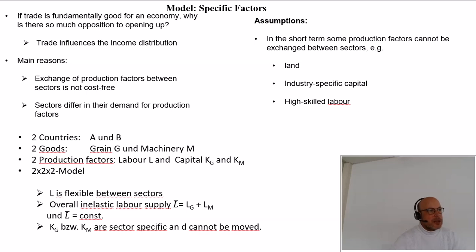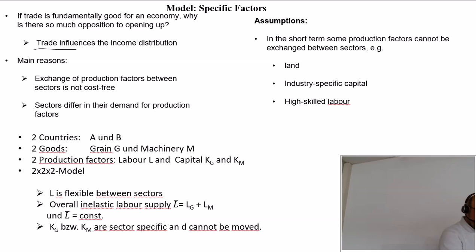If you are shifting to the production of other goods where you have your comparative advantage, then maybe some production factors of the goods where you have reduced your production will not be needed anymore, and for the owners of these production factors you have a reduction in income.